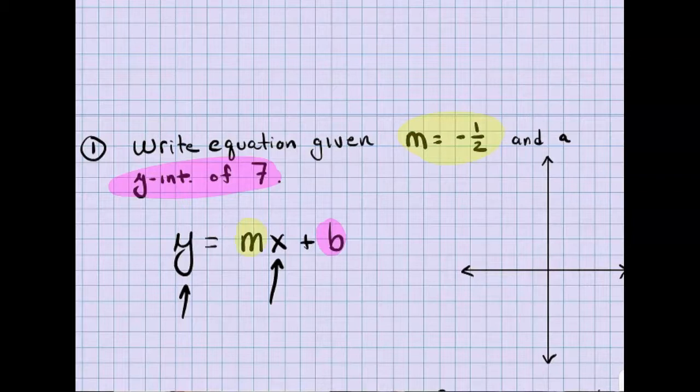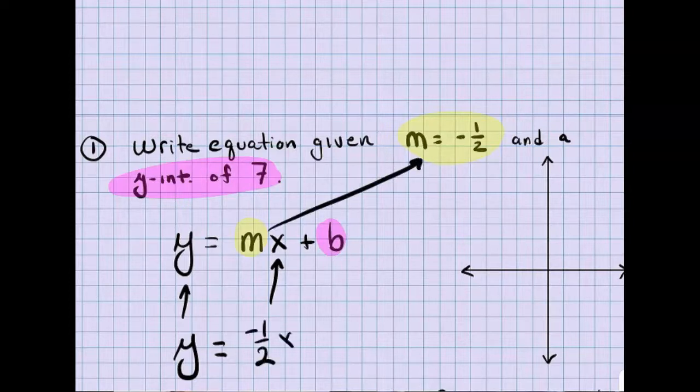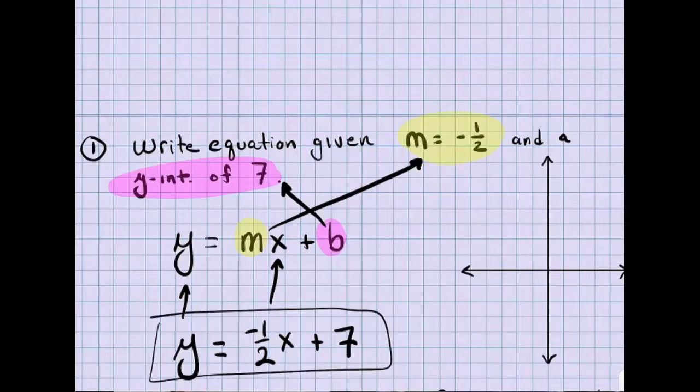So this one, there's not much to do. It's just y equals, what's the slope? -1/2. The x stays, and b was +7. There it is. Y equals -1/2 x plus 7. There wasn't really any math to do there. You're just popping in the m and the b, and you're done.